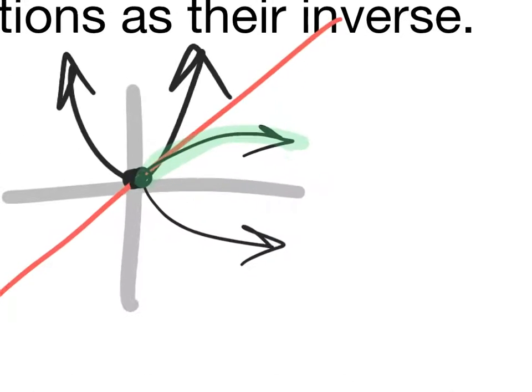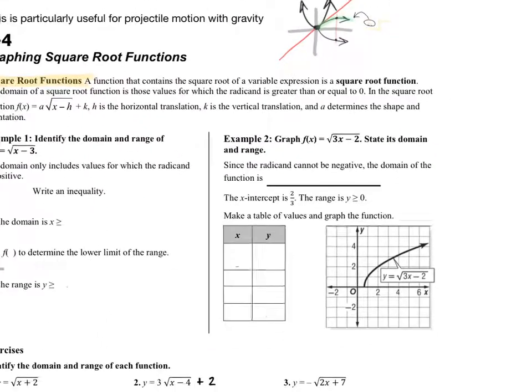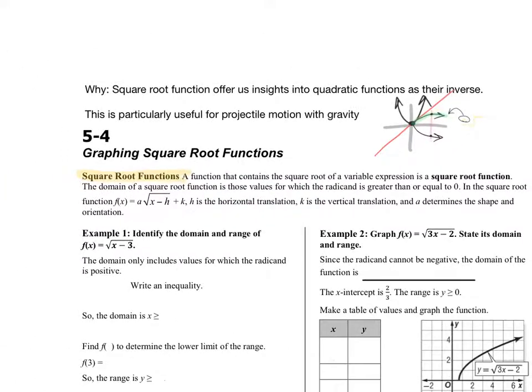The reason is that this is the positive case, and this is the negative case from the old plus minus scenario. But I can't have them both because then it doesn't pass the vertical line test and it's no longer a function. So we're going to be focusing on the positive case only, which is why in this picture you only see half of the sideways quadratic.